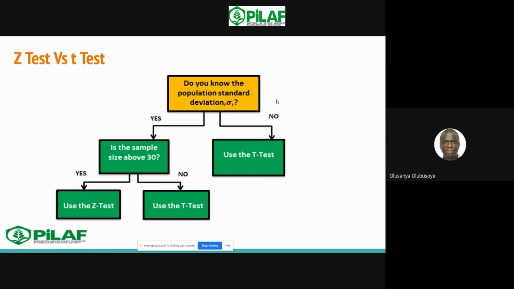And the fact is that even as your sample size gets bigger, both the t-test and the Z test will give you the same result. The t-test will approximate the normal test as the sample size becomes bigger. For those who know statistics, that is the result of the central limit theorem.